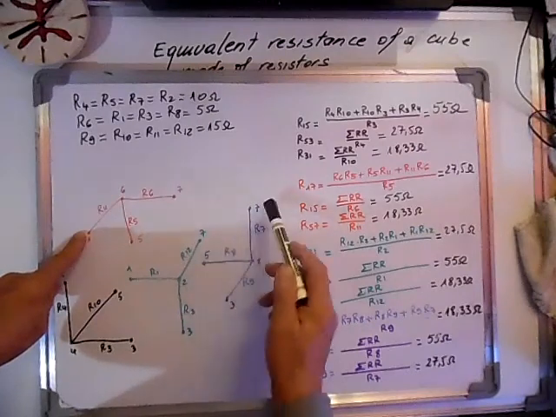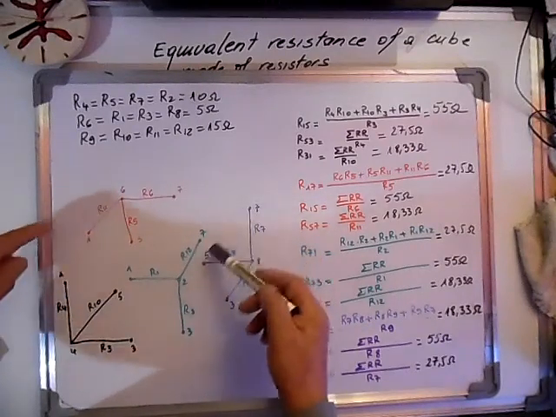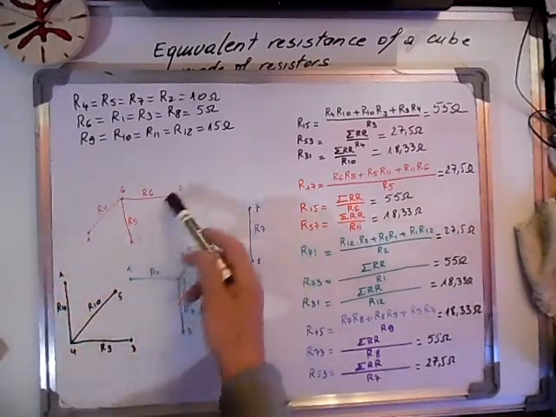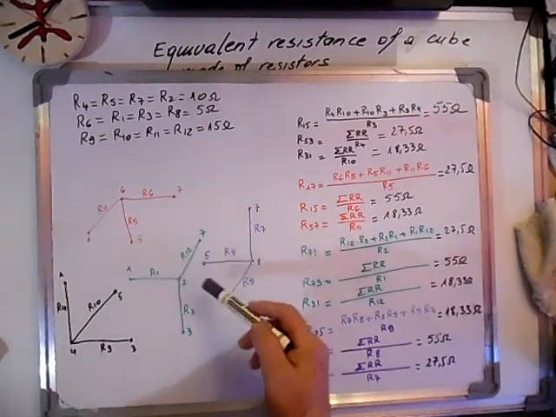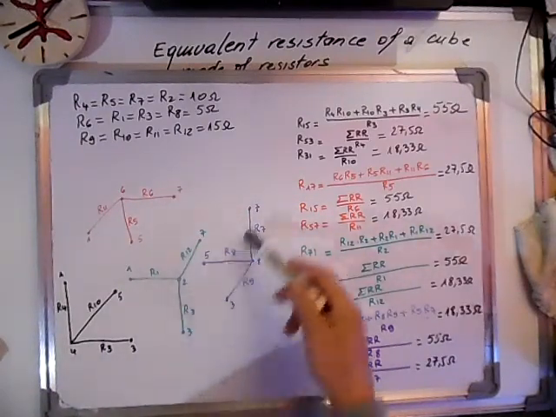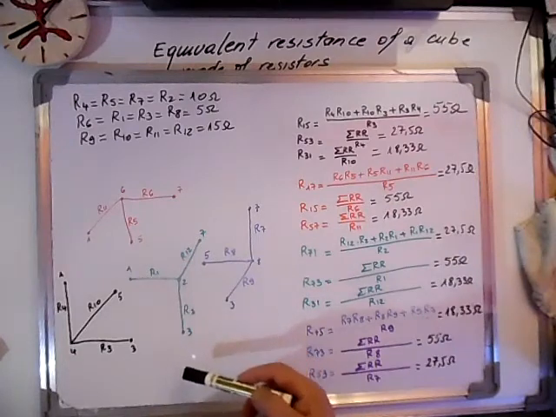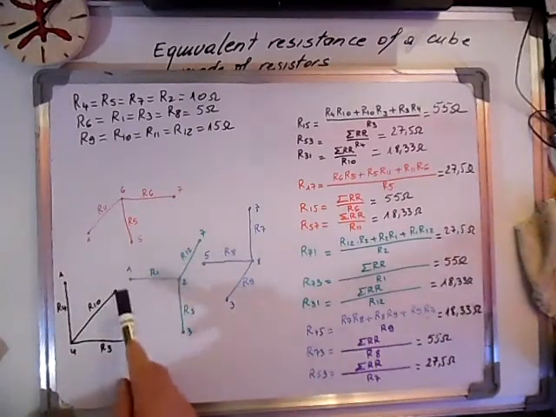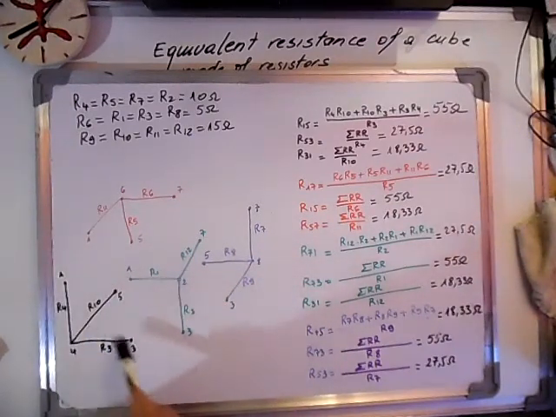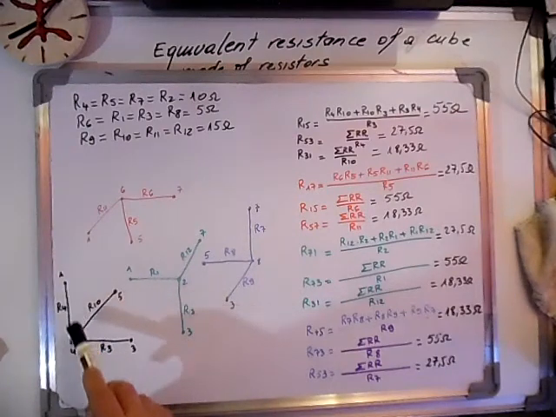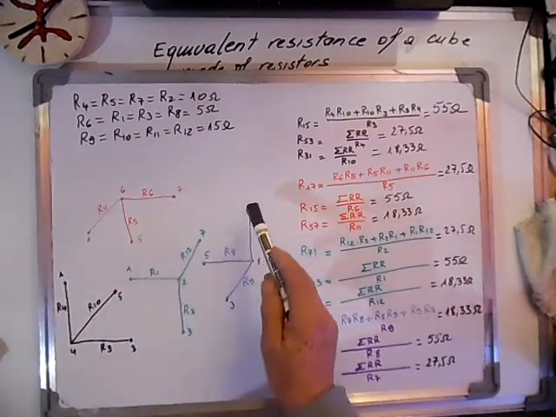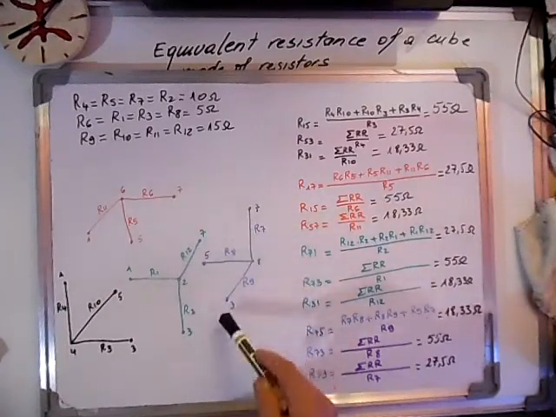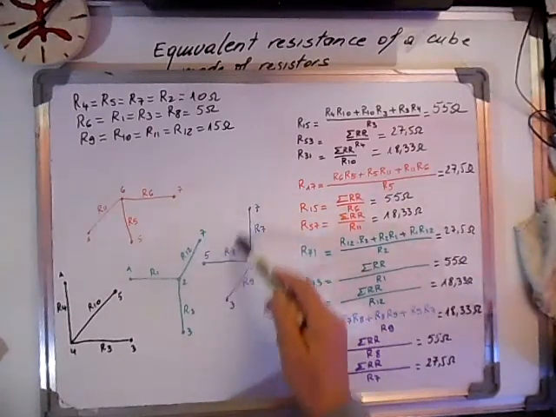It's the same thing for 7-5, a blue and a red. For 7-3, a blue and a green. For 1-3, a green and a black. So between the nodes we have two equivalent resistances.